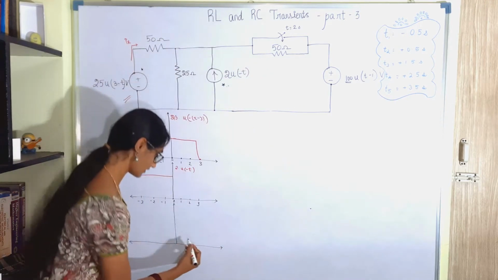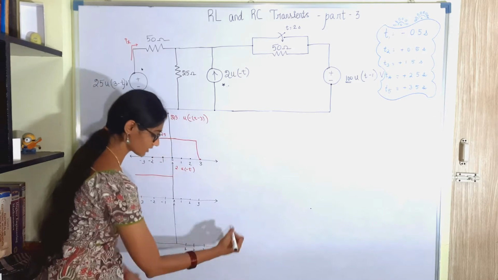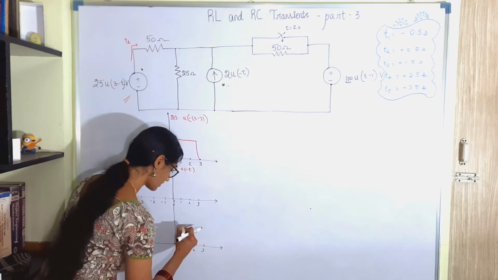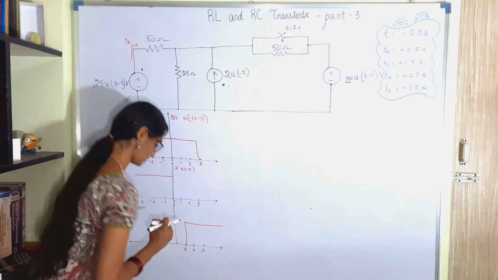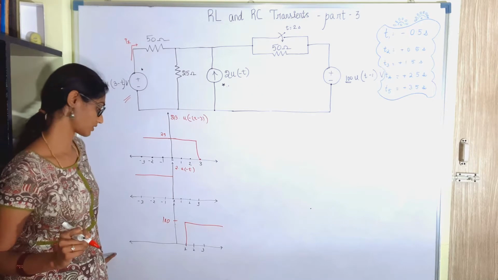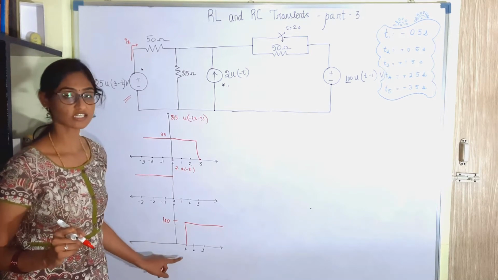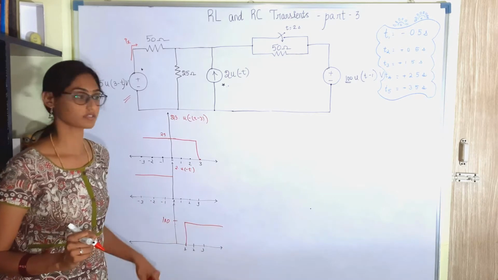So at t equal to 1 second, 2 seconds, 3 seconds, till infinity, you will have an output of 100 volt. Before 1 second, you will have 0 volt. Only at 1 second it will step up to 100 volt and it will remain constant till infinity.